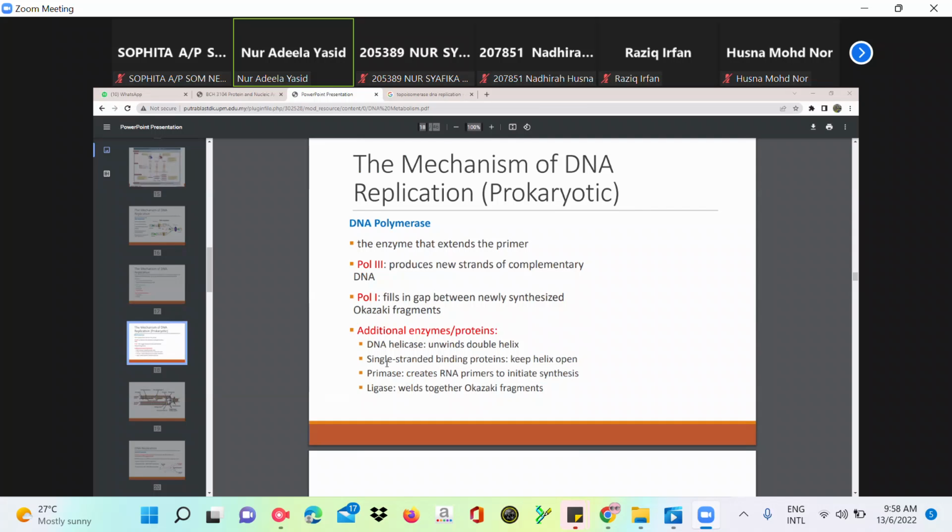We have primase that helps to create a primer for the synthesis of DNA. And last one, we need ligase. Ligase is an enzyme that joins two fragments together, that helps to weld two Okazaki fragments.